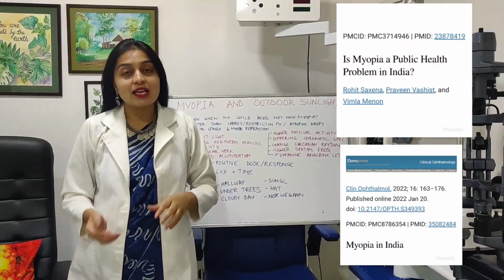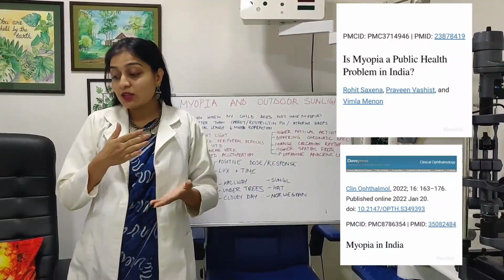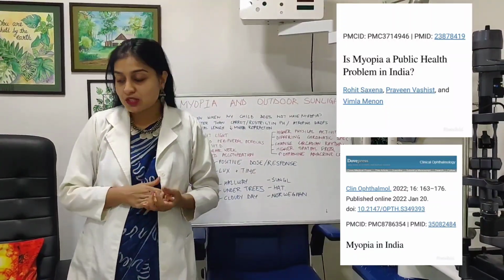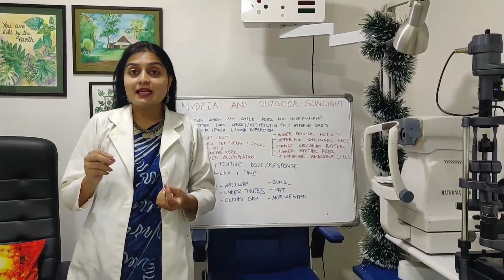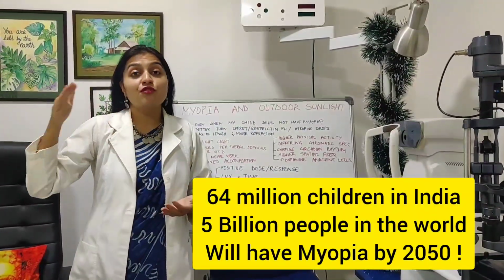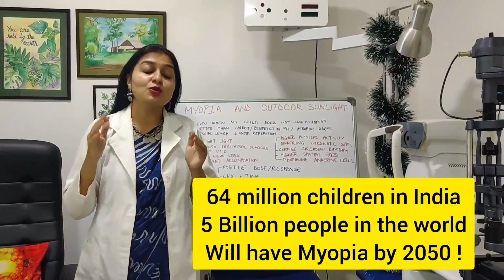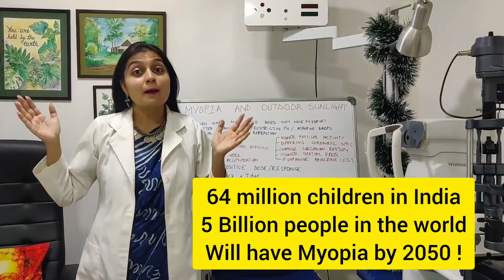Now we're going to be sharing a lot of research here. There has been research done by the Myopia Research Lab in LV Prasad, Hyderabad, which estimates that 64 million children of the age 5 to 15 in India will have myopia by the year 2050. 64 million.